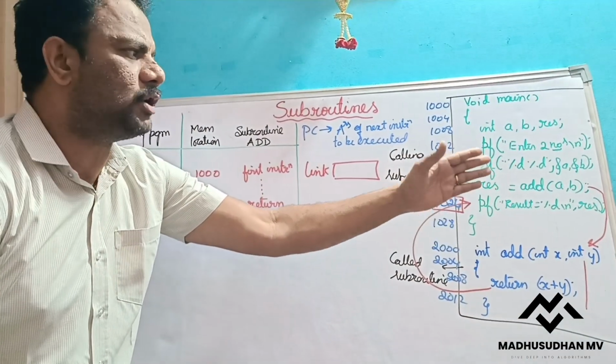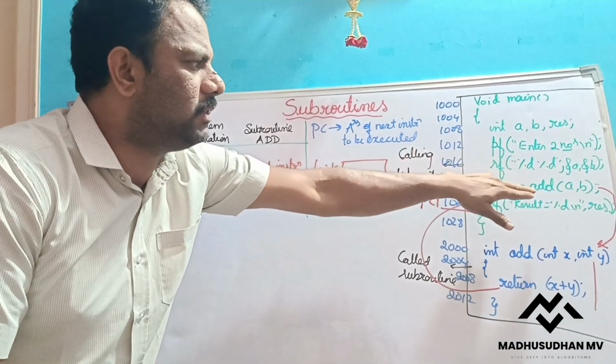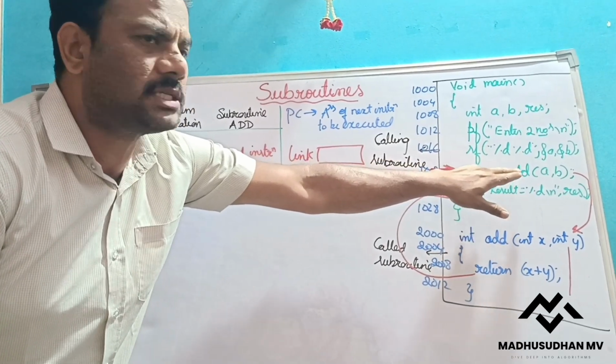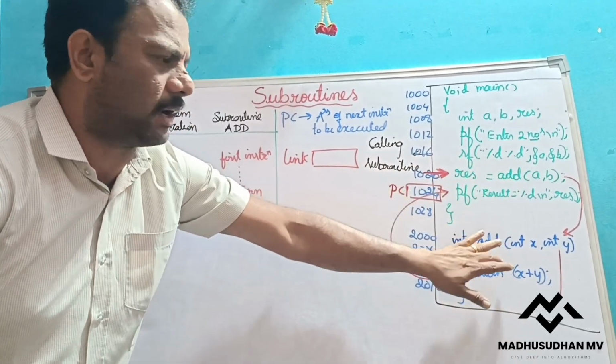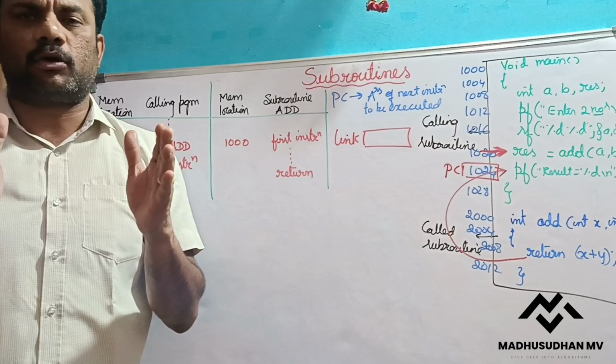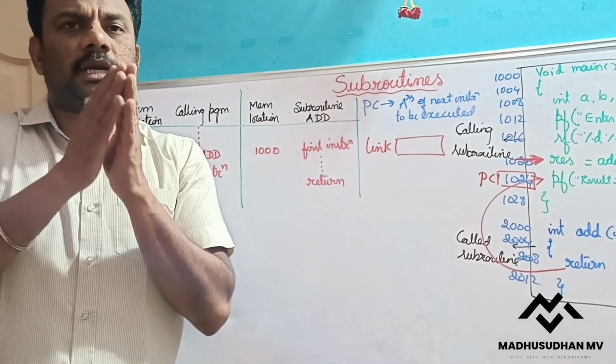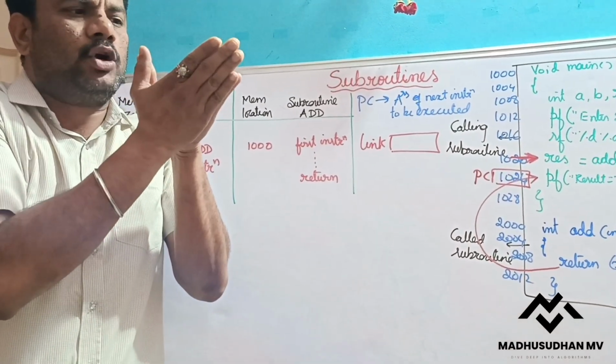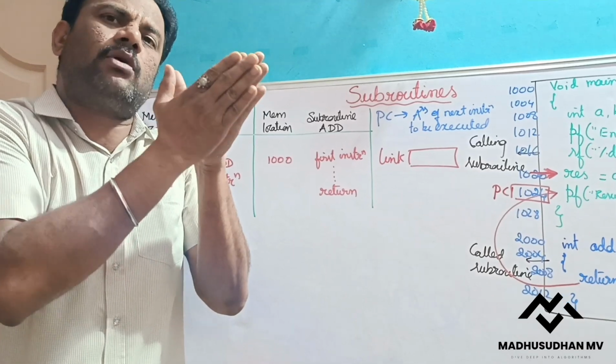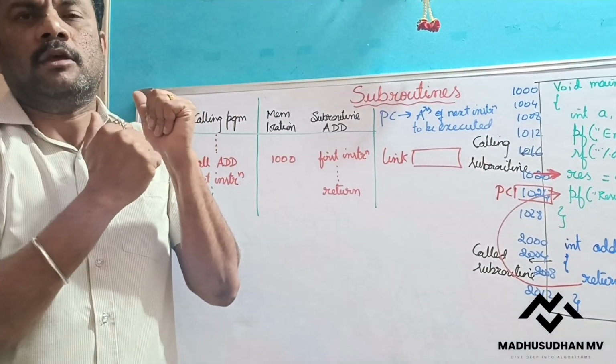So who is responsible for transferring the control? When we call the subroutine, control is transferred from here to this one. That means when we call any subroutine, control has to be transferred from one location in the program to another location of the same program.